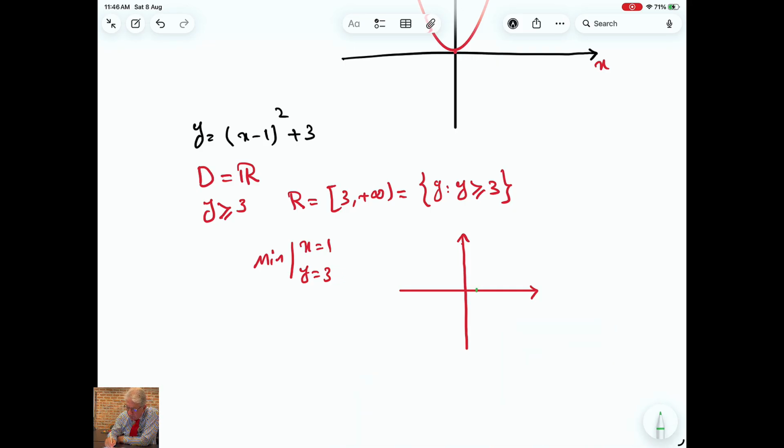X equal to 1, y equal to 3 is the minimum point, and from here you have a parabola like that. Sorry, not hyperbola, it is a parabola in this format.